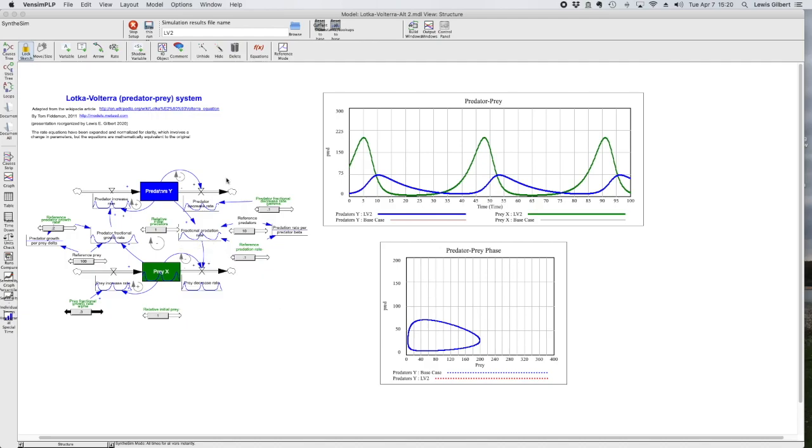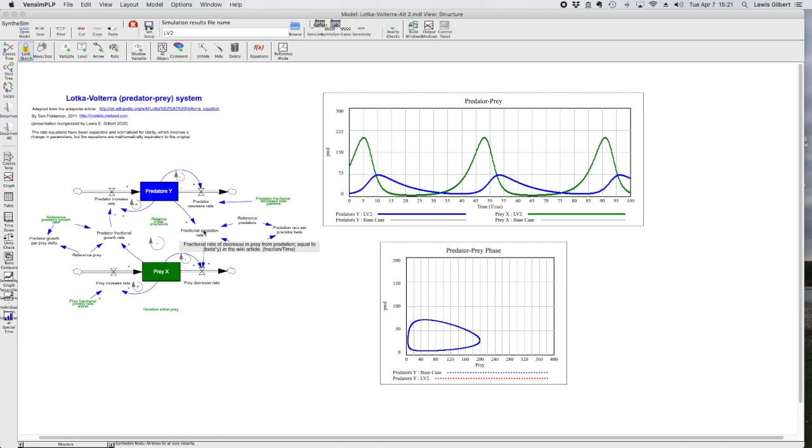Actually, before we do that, let's stop this and look at what some of these are. This is the predator growth parameter. This parameter controls how fast the predators grow as a function of the number of prey. And then there are these other scaling elements, which combine with it to give us what we would call the fractional birth rate for the predators based on the number of prey.